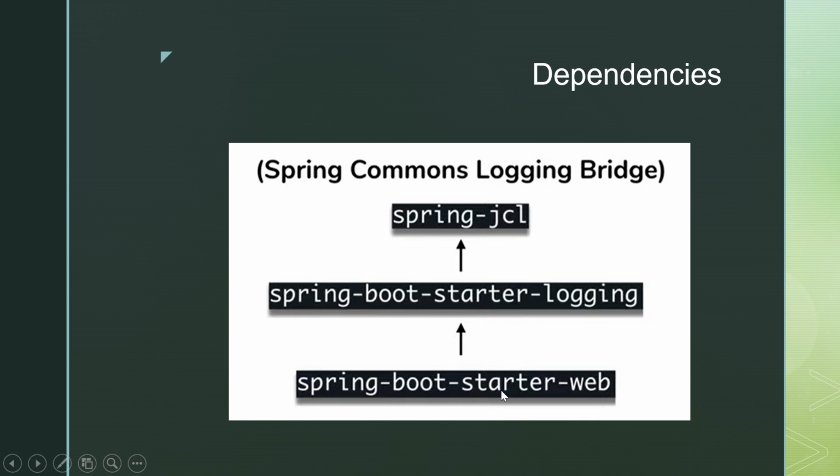If you add Spring Boot starter web, it has a Spring Boot starter logging dependency, and that has basically the common logging bridge. So when you have added a Spring Boot starter dependency in your project, you automatically get logging dependencies too, so there is no need to add extra dependencies.